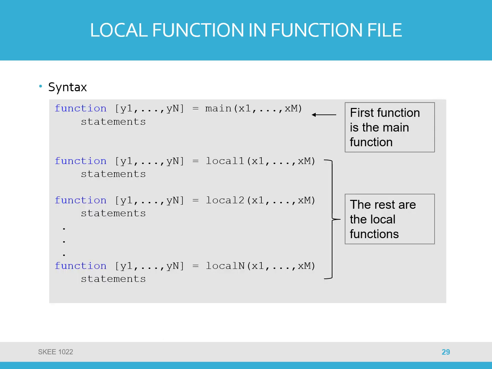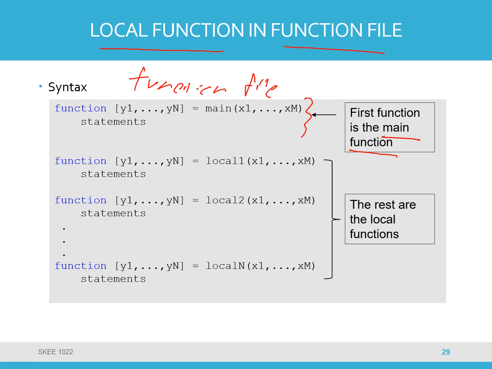So this is what I mentioned before. If you have a local function inside a function file, this is for the function file, and there is also the main file. For a function file, the first function is the main function.